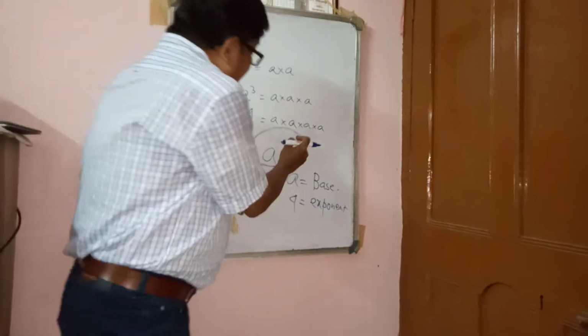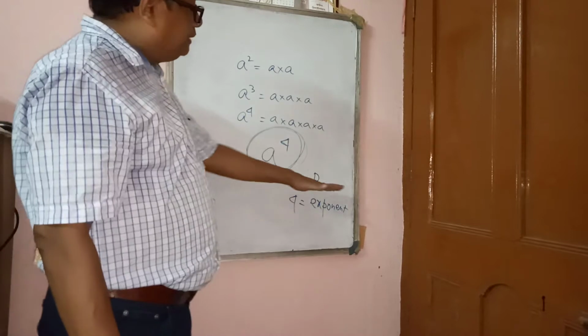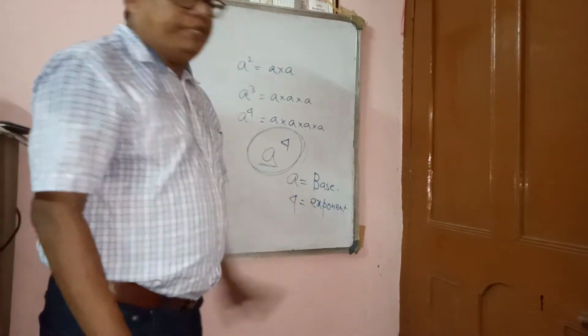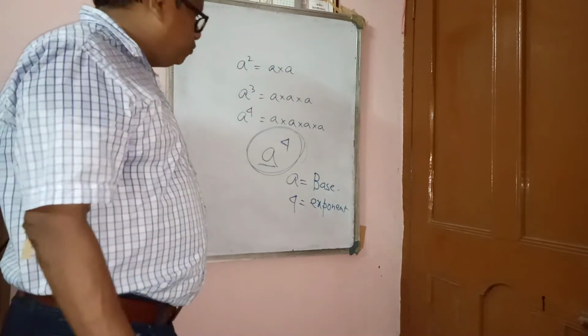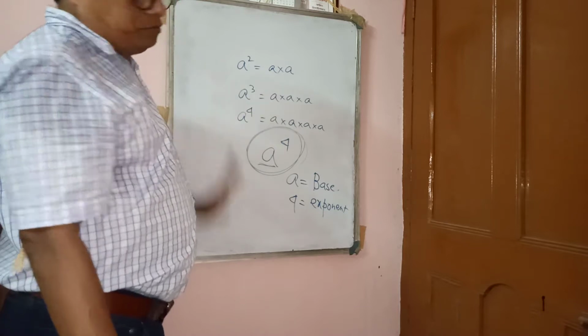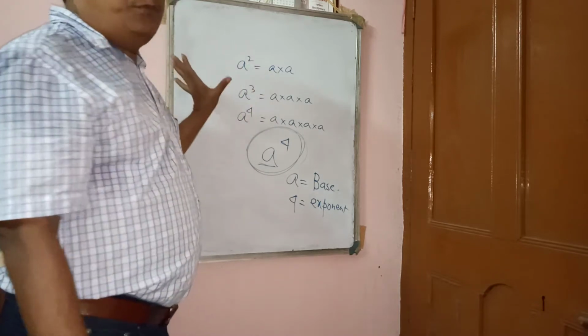In the expression a to the power 4, a is called its base and 4 is called exponent. Now see, look at here, 2, 3, 4 are all positive.